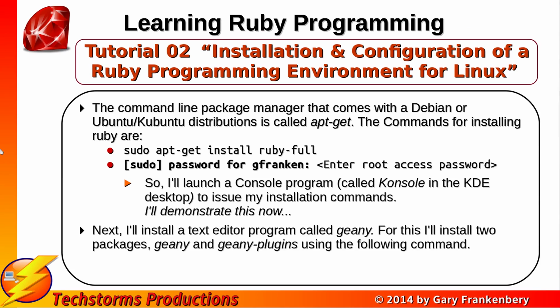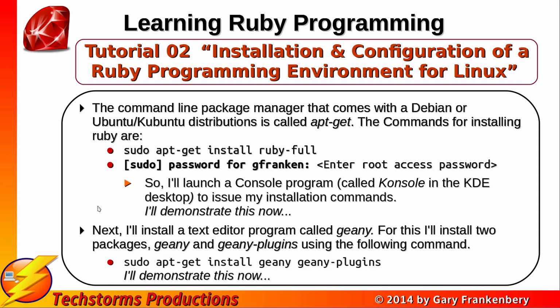Next, I'll install a text editor program called Geany. For this, I'll install two packages, Geany and Geany plugins, using the following command: sudo apt-get install geany and geany-plugins. I'll demonstrate this now.